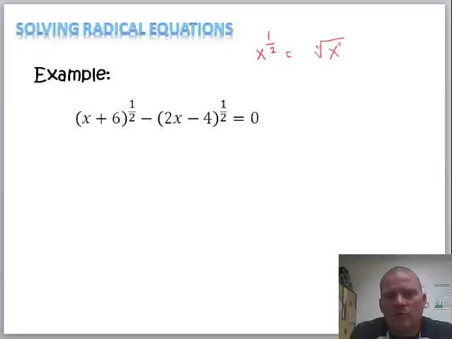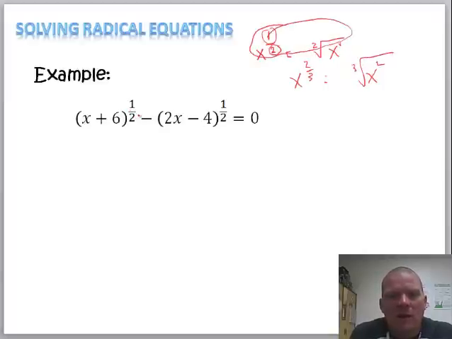It's actually x to the first and then the square root of it. This is our power, this is our root. So if I had x to the 2/3, that would be x squared, and you take the cube root of it.